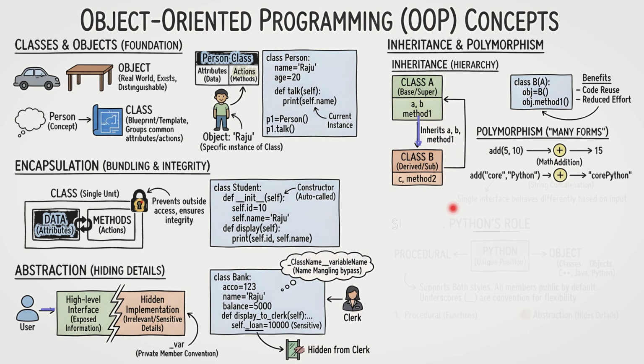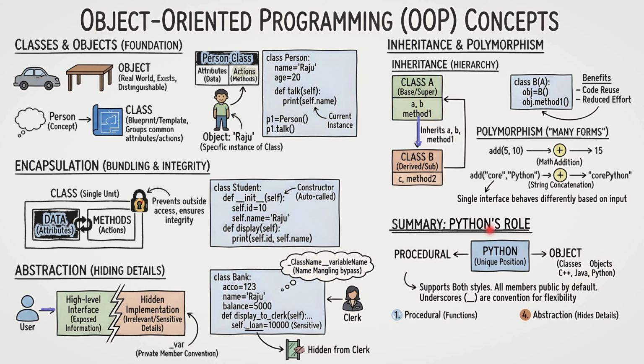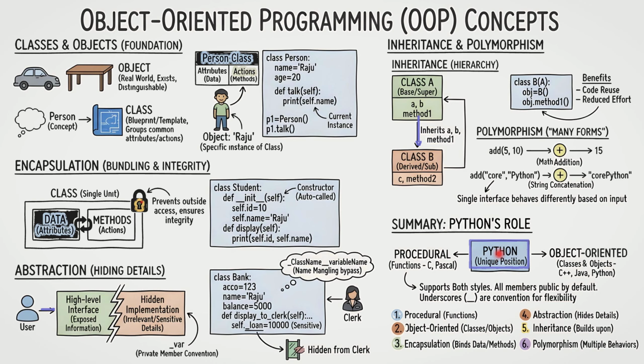To wrap up, let's look at Python's overall role in this. Python sits in a unique flexible position. It fully supports traditional procedural programming focused on functions, as well as the complete object-oriented approach focused on classes. It lets you choose the best tool for the job.